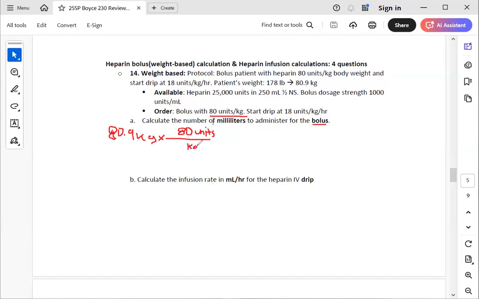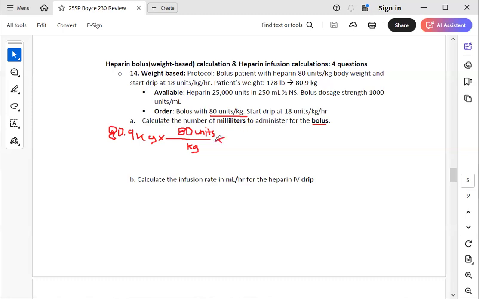Now, there's a couple ways we can do this. With dimensional analysis, we can just keep doing our conversions until we get to what we like. That's what I'm going to do here, just to simplify it for myself, so I'm not writing a bunch of extra things.